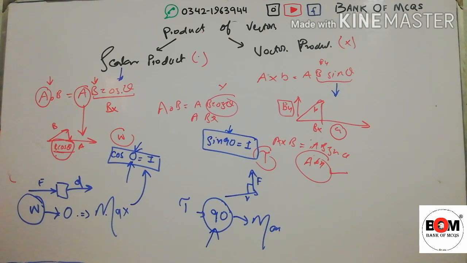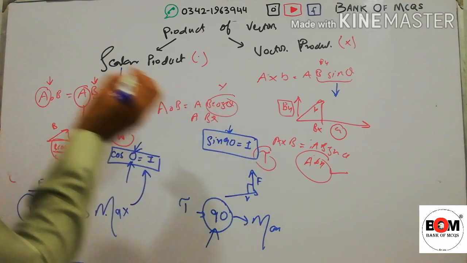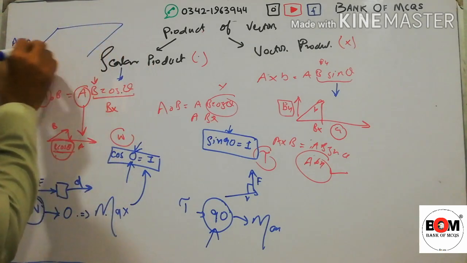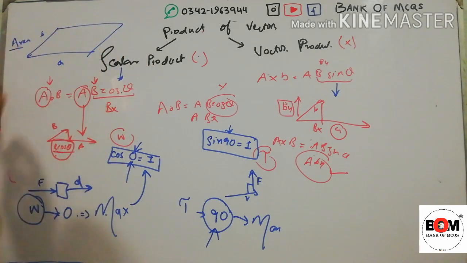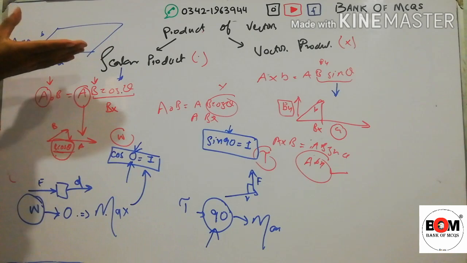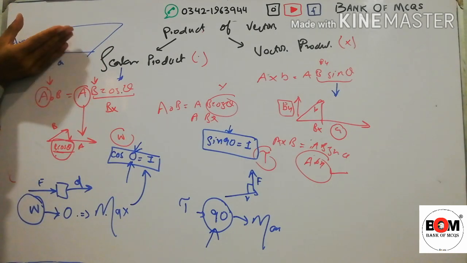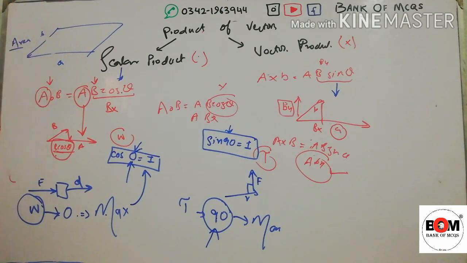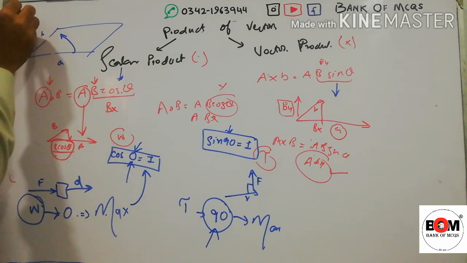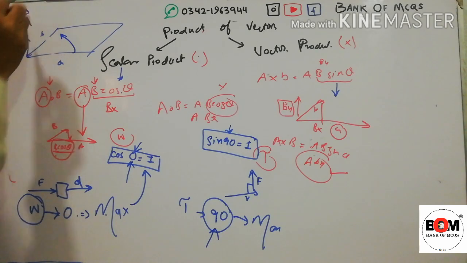Now for components, we must remember that area is a vector component. This is the area of two components A and B, and you have to find the direction. Make your hand like this, put it on one vector and move it towards another vector, so the thumb will give us the direction of area.